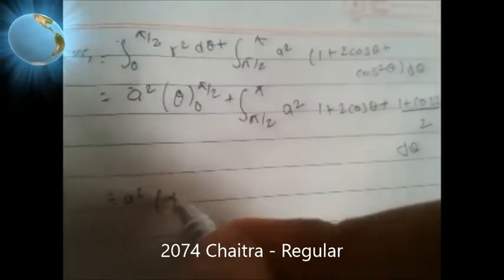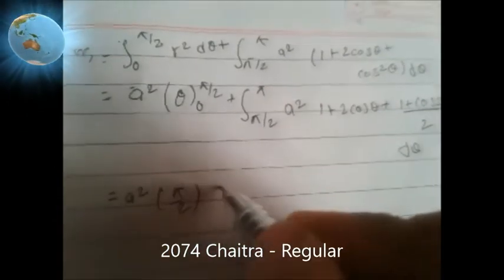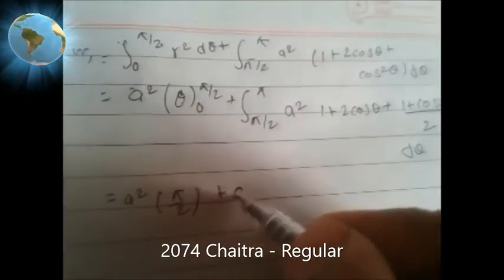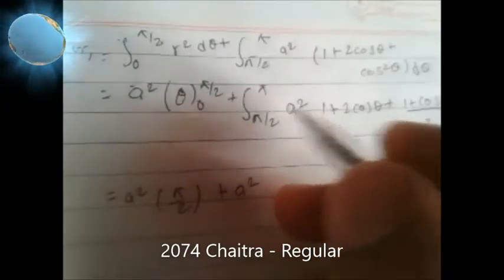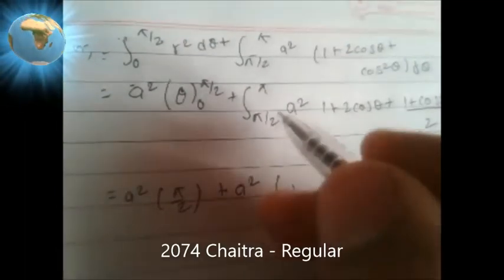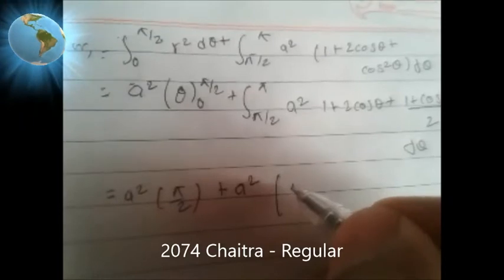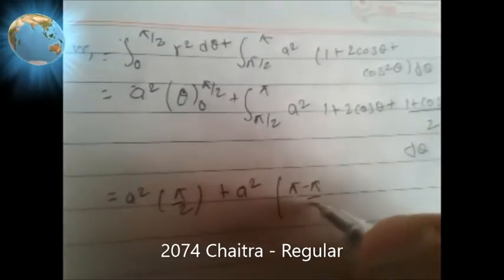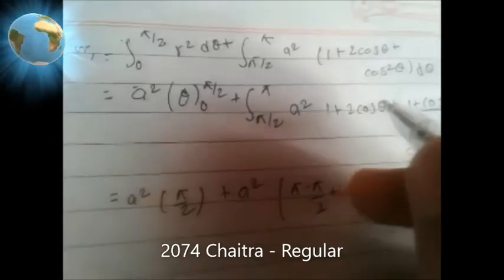Now we integrate this. Pi by 2 minus 0 is pi by 2, plus this a square comes out. From pi by 2 to pi, it is pi minus pi by 2 plus 2 cos theta.